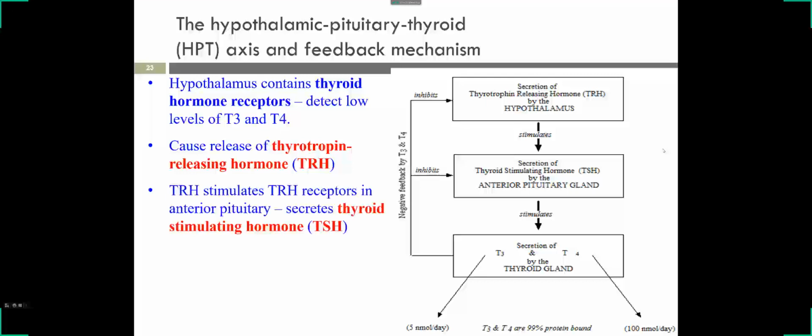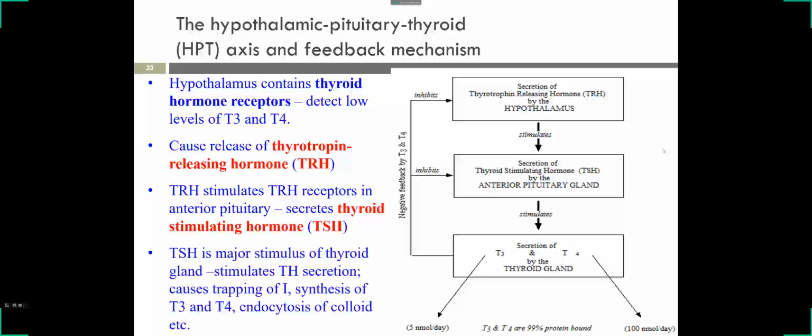TRH will then stimulate the TRH receptors in the anterior pituitary and then secrete thyroid stimulating hormone. TSH is the major stimulus of the thyroid gland and stimulates the trapping that we mentioned and eventual synthesis and secretion within the colloid.